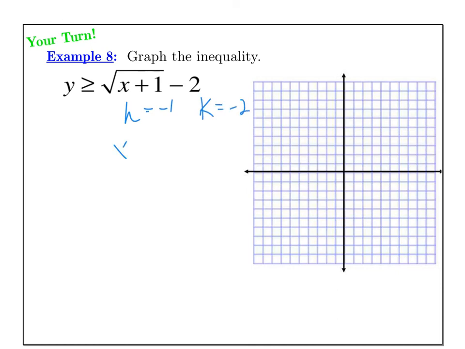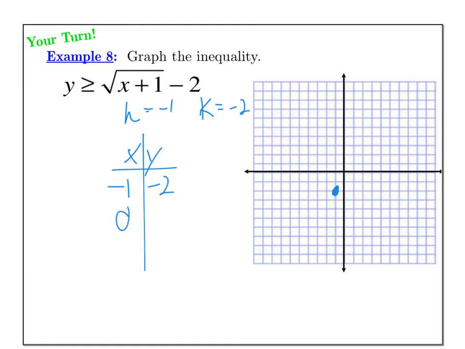So in my t-table, x comma y, here we go, -1, -2, and because of this symbol, it's greater or equal to, I'm going to have a closed circle. -1, -2, closed. This is going to be a solid graph.